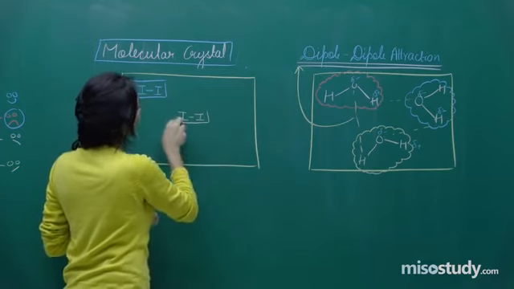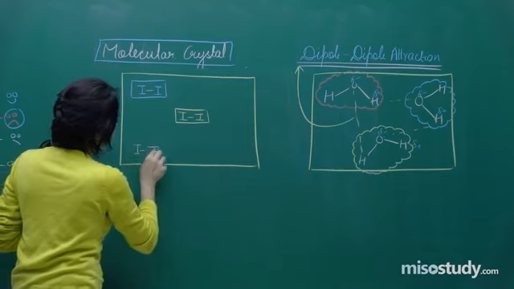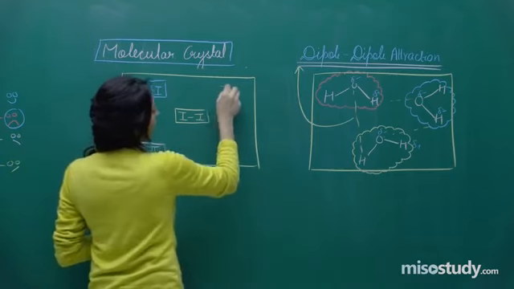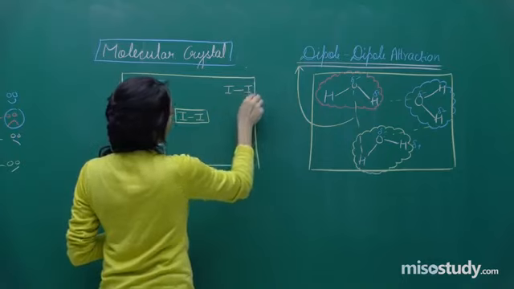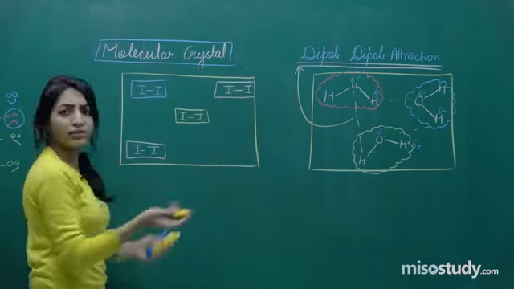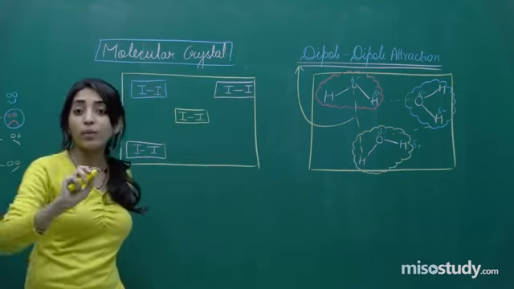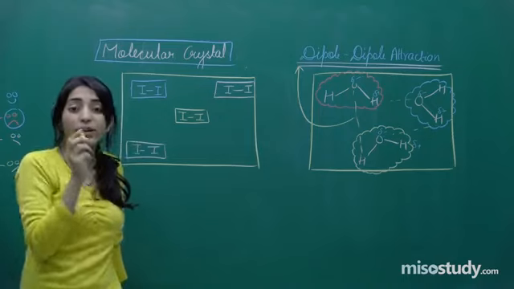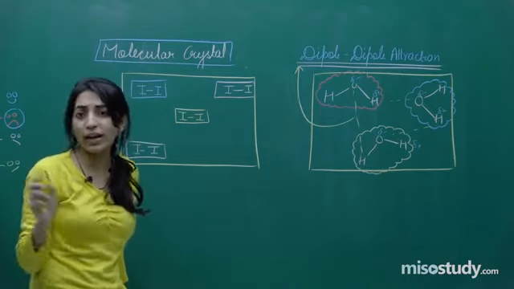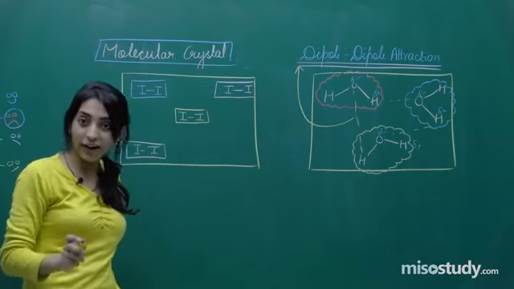At another point I can see another molecule of iodine, right? Third point I can see a third molecule of iodine. Fourth place I can see a fourth molecule of iodine. Fine enough? Now see, there is no dipole, right? It is also neutral, because the bond is formed between the same atoms. So there is no delta plus, delta minus as such because of difference in electronegativity, right?